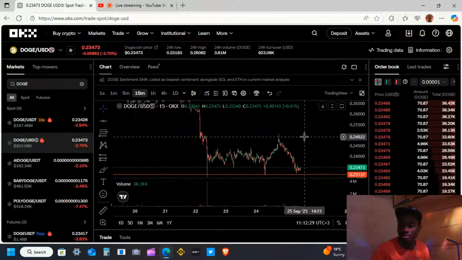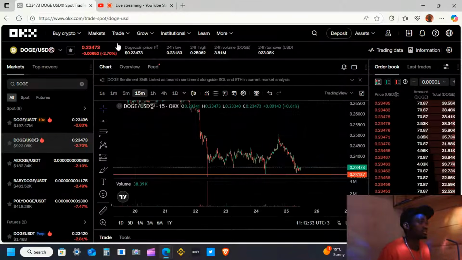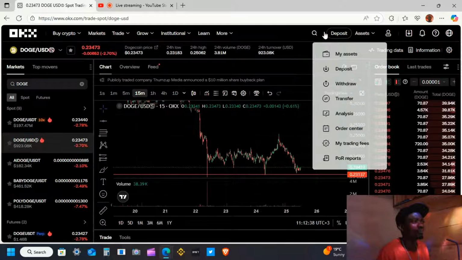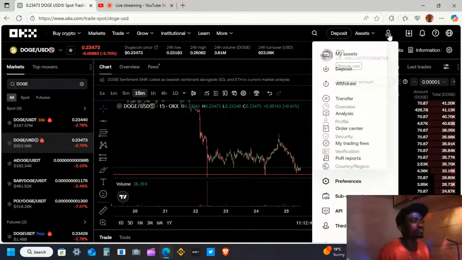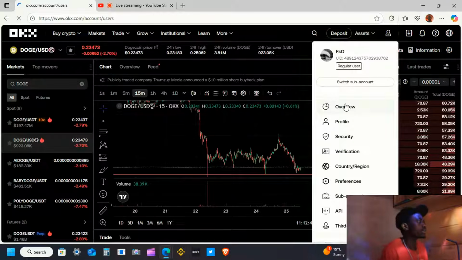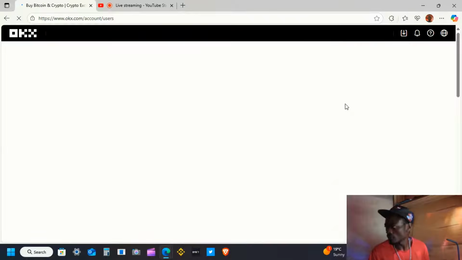I can just trade directly, or let me just transfer. Let me just convert directly. Why convert? We go to overview first, then I trace how I'll be converting.